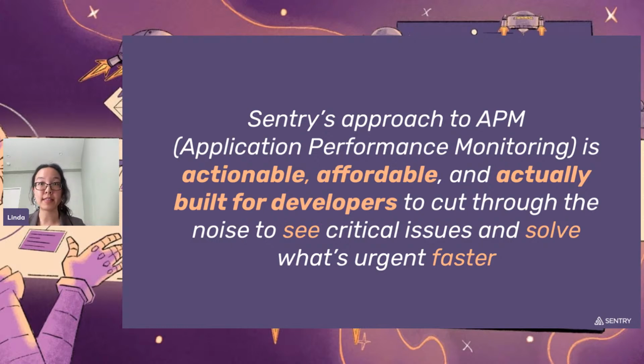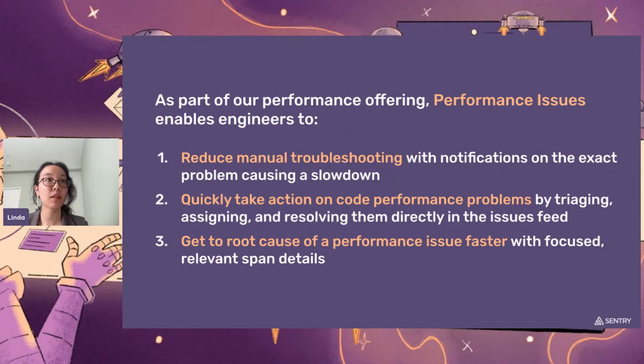That first piece, the actionability, is where our performance issues feature comes in. As part of our performance offering, our performance issues feature enables developers to reduce their manual troubleshooting efforts. Now you'll get alerted on the exact critical performance issue you want to know about in your code that's causing the slowdown.